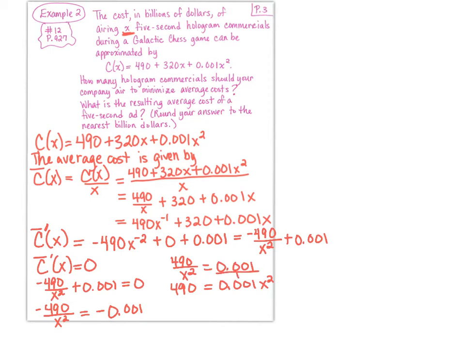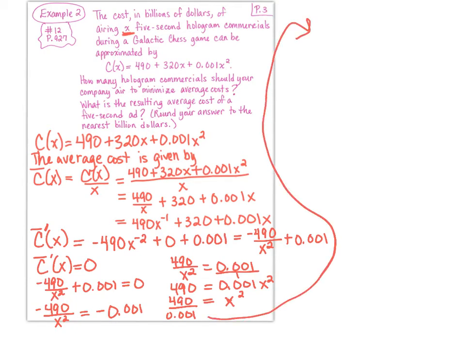Now we have to solve for x. This means x squared is equal to 490 over 0.001. If you divide that out, you can use your calculators if you want to. That's 490,000, because that's what we get when we divide 490 by 0.001.